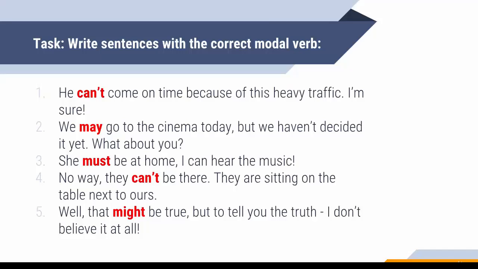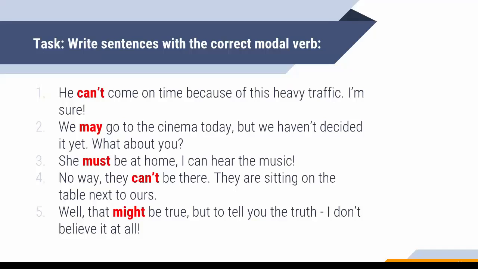We may go to the cinema today, but we haven't decided yet. What about you? So here it's up to you. You can say we could, we might. It's just up to the meaning that you want to add to the sentence. Said this way, it means that there is a 50% chance we go or not.